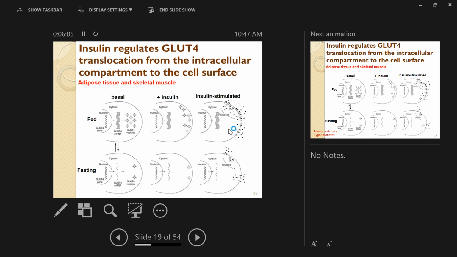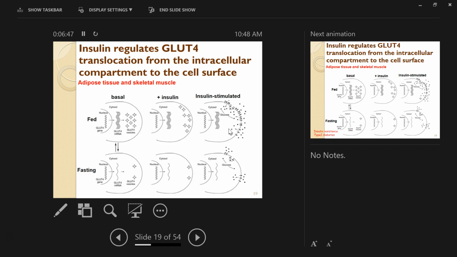So here's the reason. Scientists discovered that GLUT4 in the basal state, the basal condition, when insulin levels are low in the circulation, usually does not stay on the cell surface in muscle cells or adipose cells, but inside of cells. So again, when insulin level is low, the majority of GLUT4 stays inside of cells.